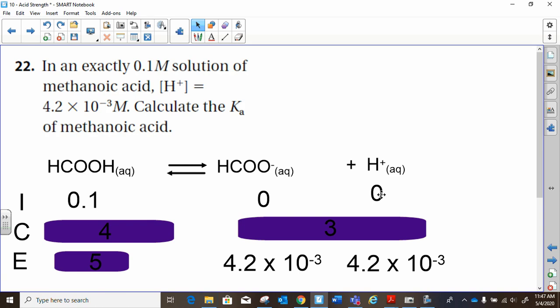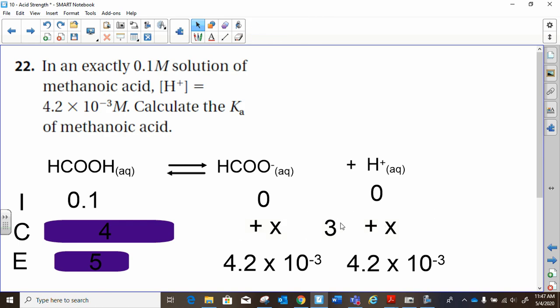Now, how did I get from 0 to 4.2? I must have added something. Same thing, how did I get from 0 to 4.2 for the methanoate? I added something. Over here, if I added something to increase my product, I must have lost the same amount to get to my new reactant.